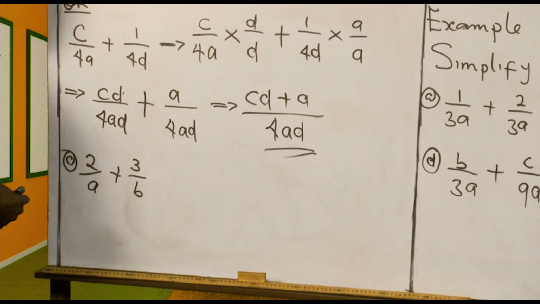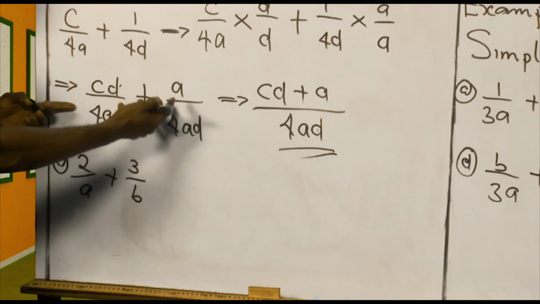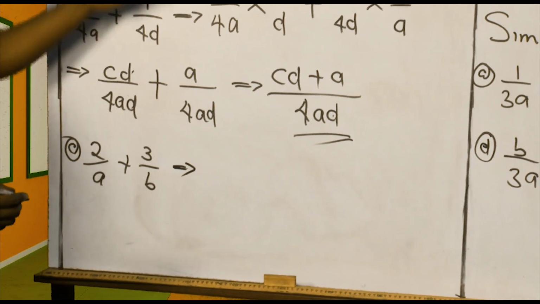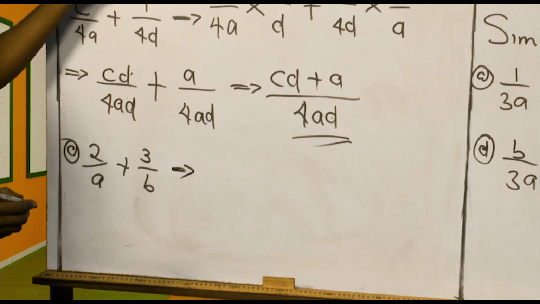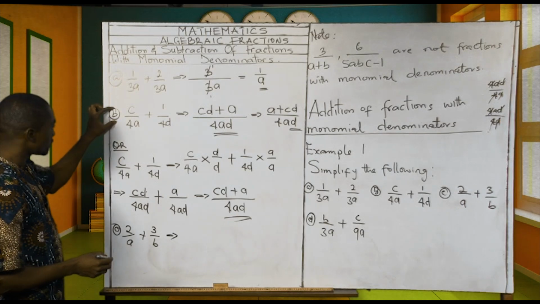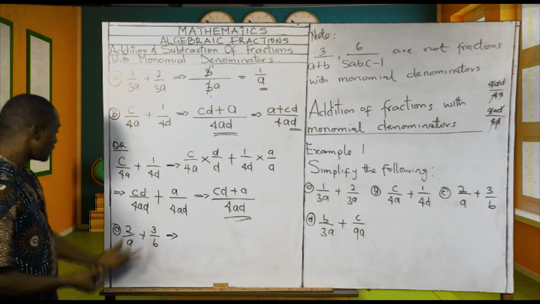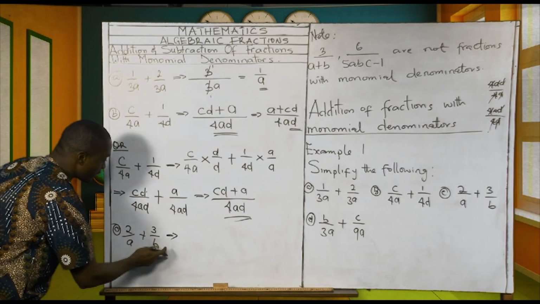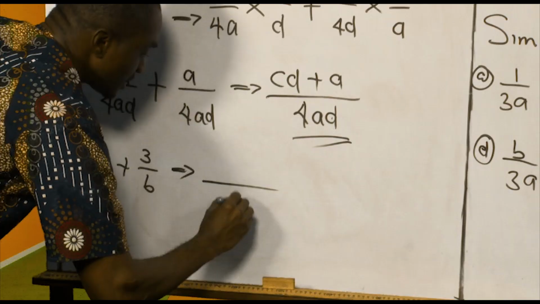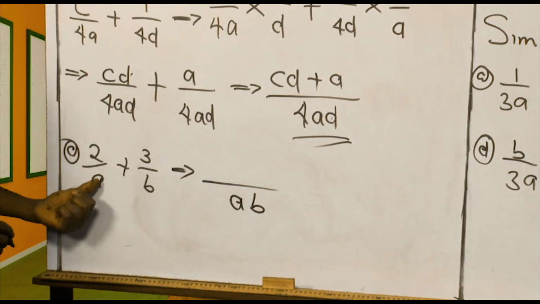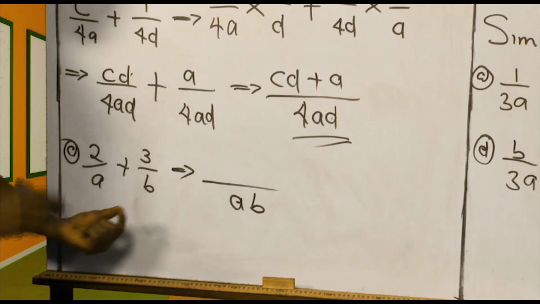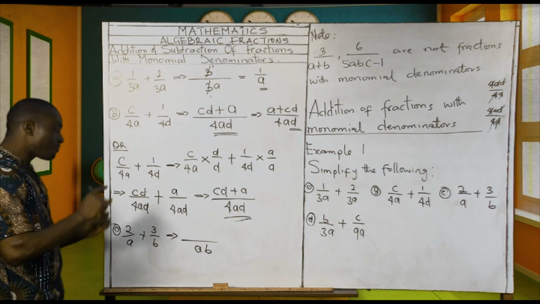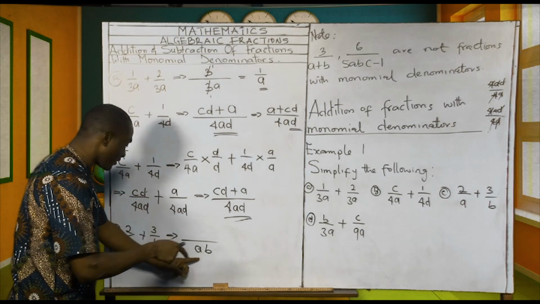So what do we do? We can use any of the methods I used to find the sum of the fractions in question letter B. Here, we will just find the LCM of A and B. The LCM of A and B is AB.